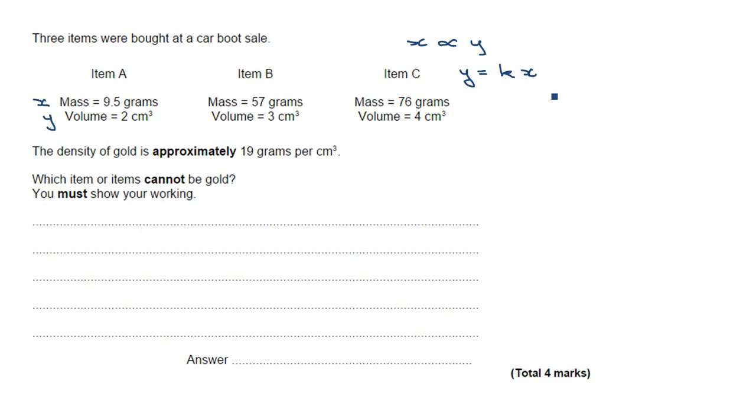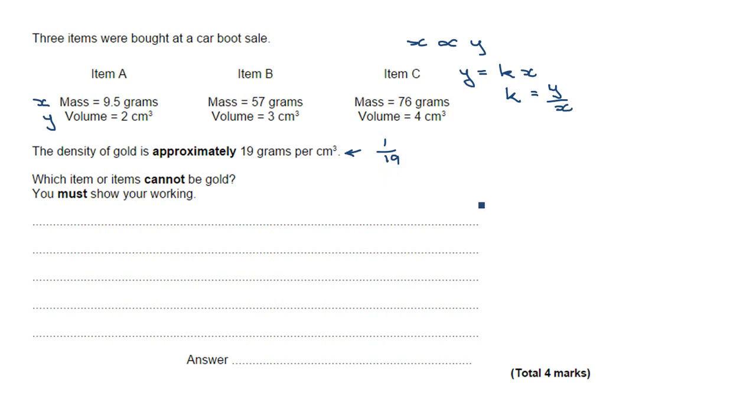And therefore k, the constant of proportionality, if we want to work that out, we can use this given rate, 19 grams per cubic centimetre. The constant of proportionality for that is going to be equal to y divided by x. So in this case, y is 1 and x is 19.